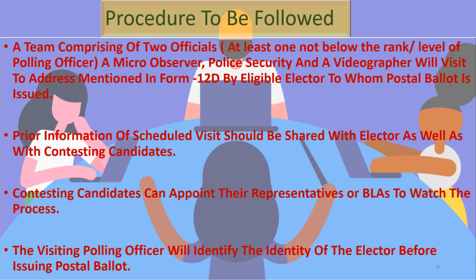Prior information of the scheduled visit should be given to the elector as well as the contesting candidates. Contesting candidates can appoint their representatives or BLAs, booth level agents, to watch the process. The visiting polling officer will verify the identity of the elector before issuing the postal ballot.